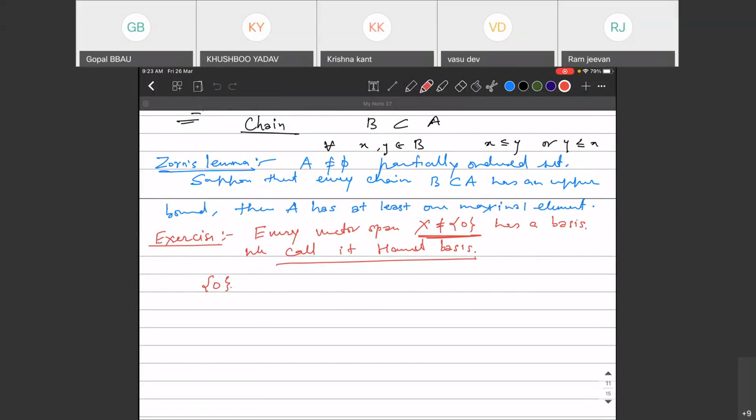Okay. So is zero a vector space? Is this set a vector space? Yes, sir. And what is its basis?